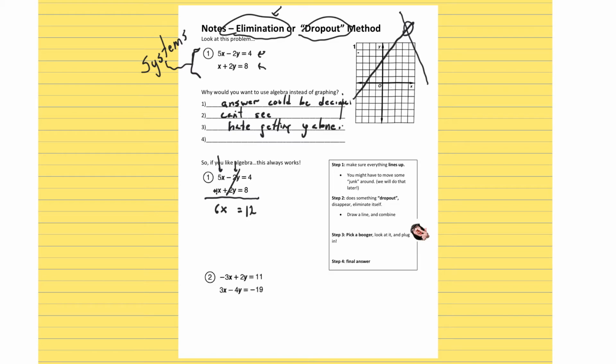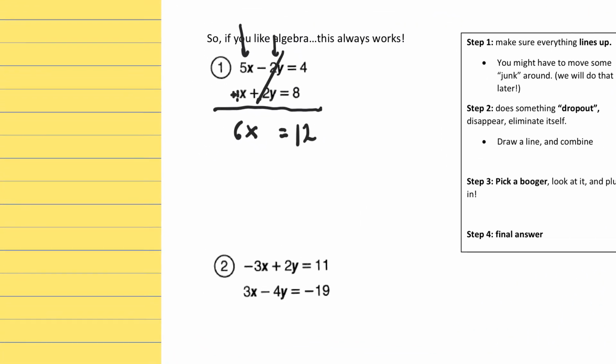Okay, so from there, we kind of move on. Now, I'm going to expand this so I have a little space. Most of you guys know what's going to happen from here. The next step obviously is to divide by 6 and divide by 6. So the final answer is x equals 2. Too easy. Way too easy.